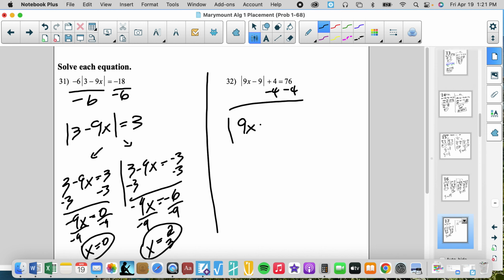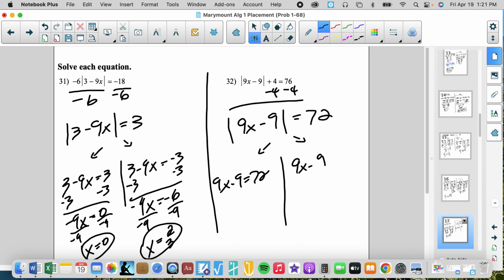Minus 4. Absolute value of 9x minus 9 equals 72. Make two statements. 9x minus 9 equals 72. 9x minus 9 equals negative 72. We're going to add 9. 9x equals 81. Divide by 9.